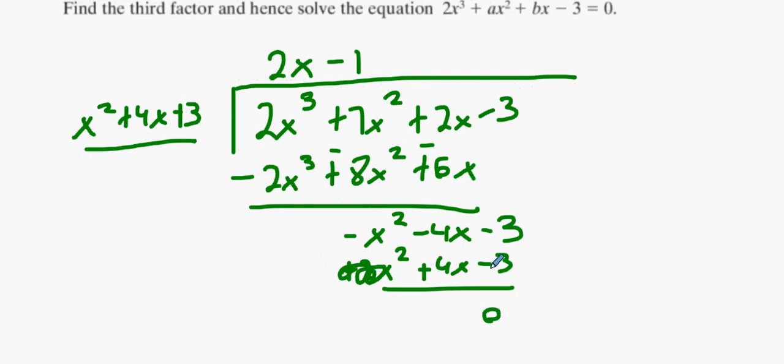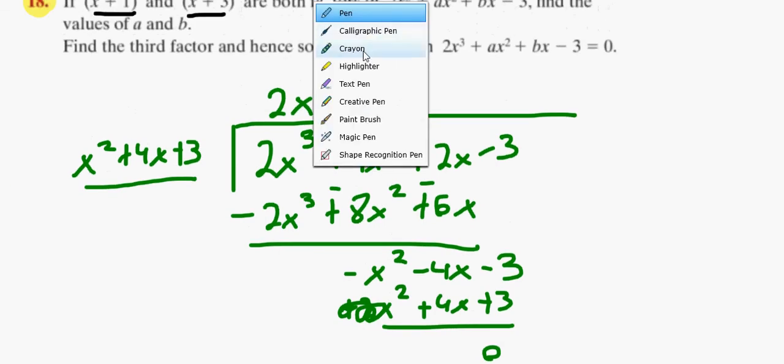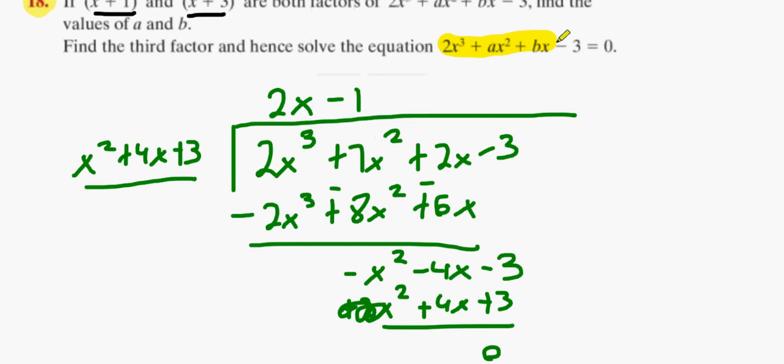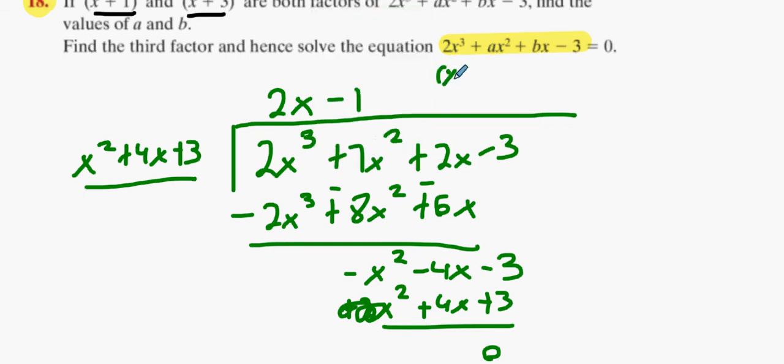So plus. Done. Now, see this equation here? What have we officially turned that into now? We turned it into x plus 1 by, and all of them equal 0, don't they?